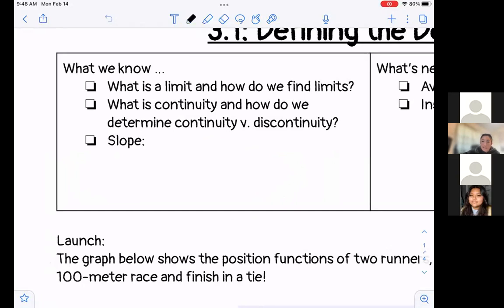All right, see a couple things in the chat here. Great, so we've got m equals rise over run.